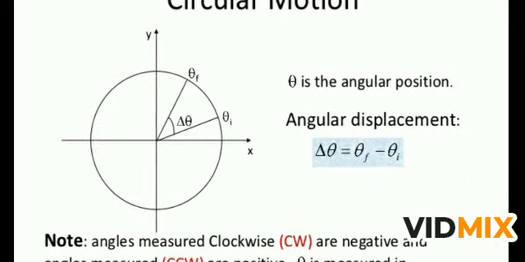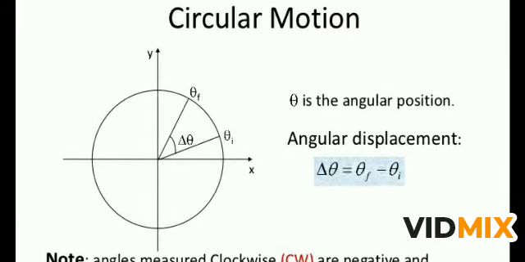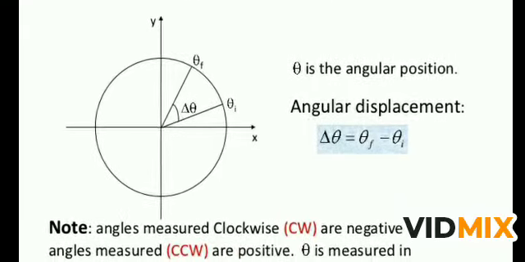In this diagram, theta i and theta f, i for initial and f for final, are two positions of the particle, and in between is the angular displacement delta theta. While moving on a circular track, the particle after certain time is at the point theta f, and the difference of these two points is called delta theta. Delta theta is the angular displacement and theta is the angular position.